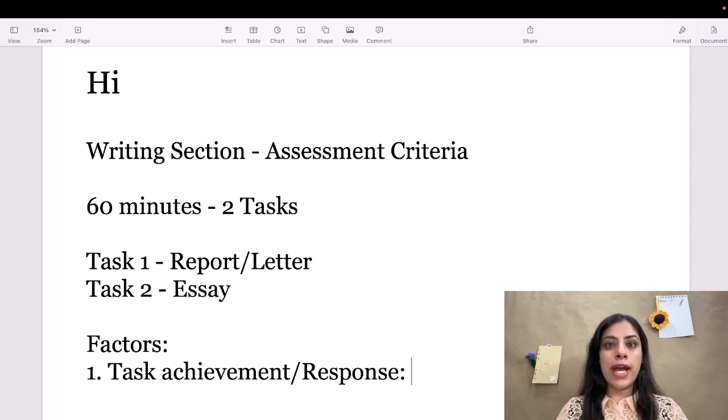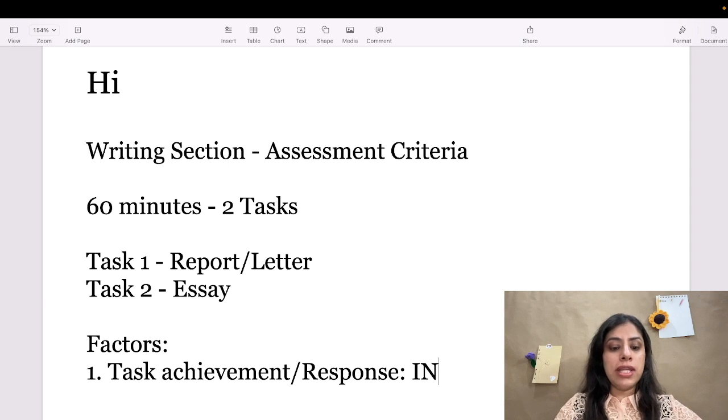So make sure that you understand what is required from you for the given question. If it helps, read your question again and again, read your instructions again and again, so that you are clear in your head what you have to describe or write about. There are three things present in the subcategories of task response.